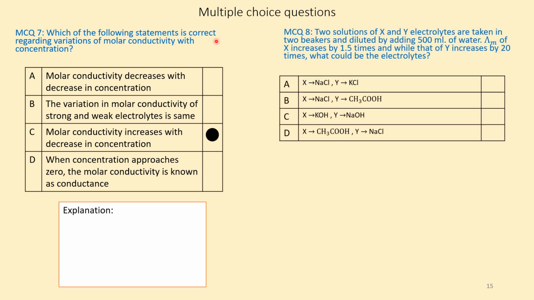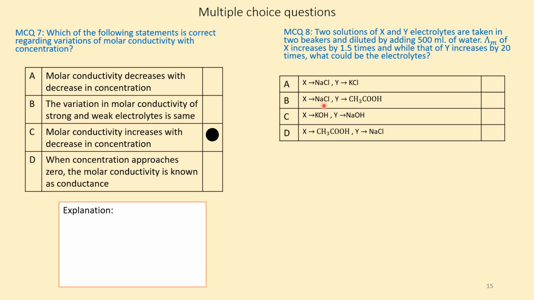Two solutions X and Y of electrolytes are taken in two beakers and diluted by adding 500 ml of water. Lambda M of X increases by 1.5 times while that of Y increases by 20 times. What could be the electrolytes? Option A is X is NaCl, Y is KCl.